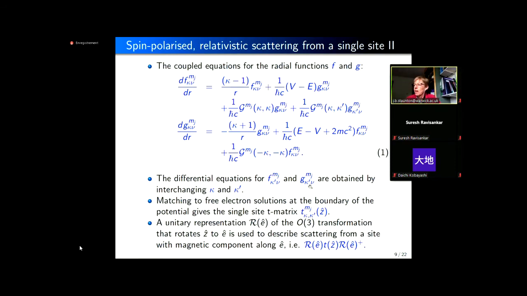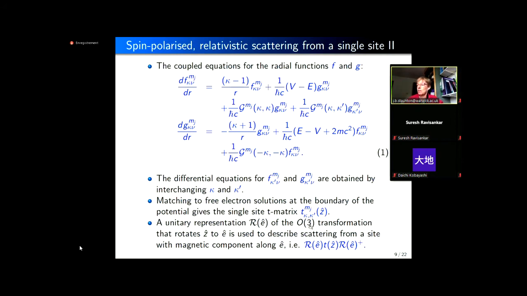So once one's obtained that single site T matrix, then you're in business. You've specified the nature of the scattering on a single site with this magnetic component. Okay, you've got the magnetic component along the Z direction, but that's just how you've happened to have specified your coordinate system. So now one can just straightforwardly transform that, or rotate it, to describe a situation where the scatterer is along some other direction.